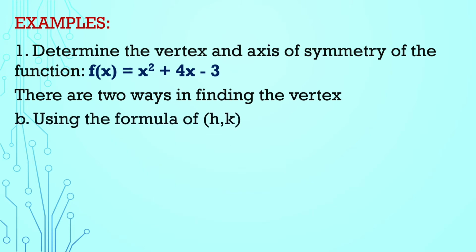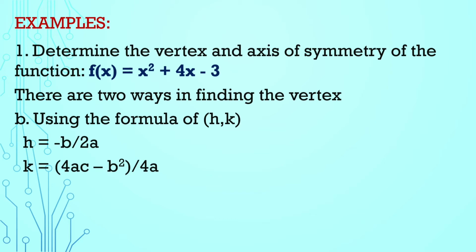So letter B, using the formula of h, k. So h is equals to negative b over 2a. So k is equals to 4ac minus b squared over 4a. Pasensya na kung ating equation or ating formula ay naka-horizontal, kasi ang hirap po siyang i-type kapag naka-vertical po.